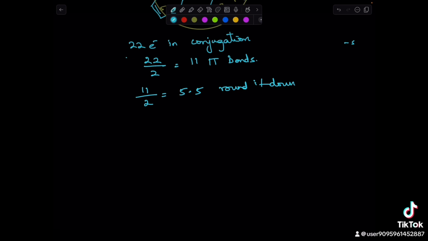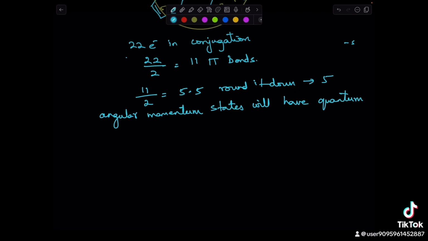So we can say that the angular momentum states will have quantum numbers m_l being 0, plus or minus 1, plus or minus 2, plus or minus 3, plus or minus 4, and plus or minus 5.